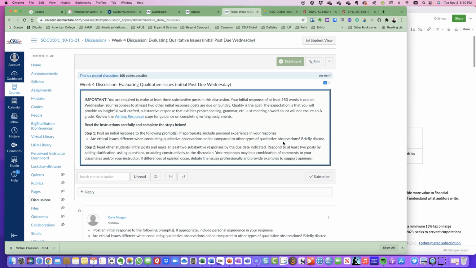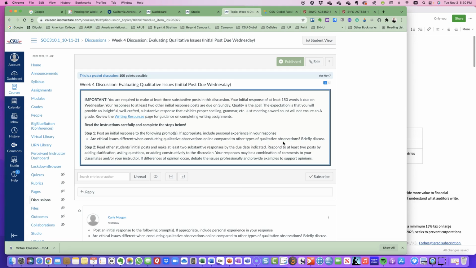And your second step is to read other students', your classmates', initial posts, and just make 2 responses to them. And you want to respond where you're either adding some clarification, possibly asking questions, or possibly offering constructive criticism or a constructive different point of view to the discussions.